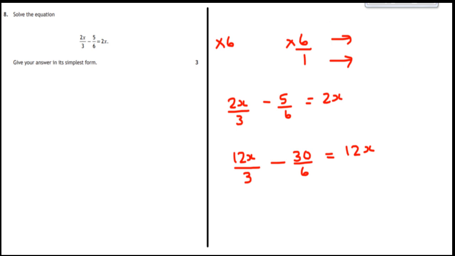Now I can simplify these fractions, that was the whole point of multiplying. 12 divided by 3 gives me 4, so that's 4x. 30 divided by 6 is 5, and the 12x stays where it is.